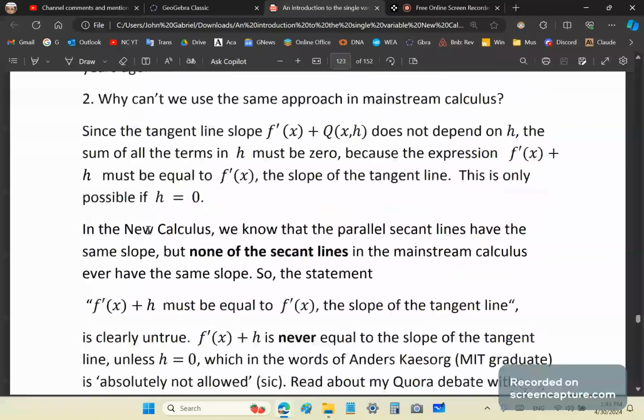Very simply this. In mainstream calculus, this expression here does not depend on h. The sum of all the terms in h must be zero because the expression f of x plus h must equal f of x. In other words, this part here is the slope difference, and it's never zero unless f is a linear function.